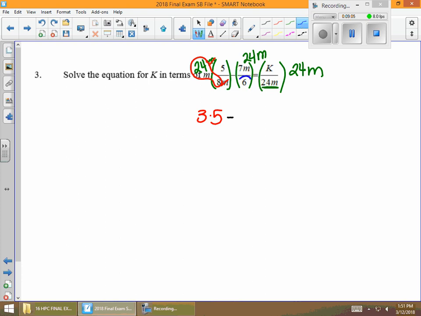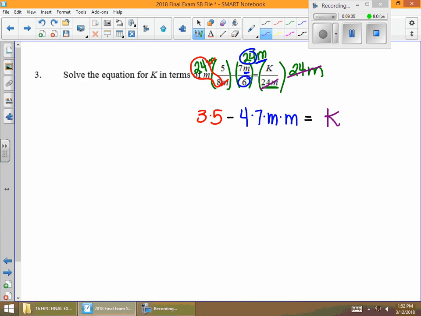I do have 6 and 24. 24 divided by 6 is 4. And then I have 7 and an m. And this m did not cancel either. So we're just working really slowly, canceling what we can, bringing down what we need to bring down. Other side of the equal sign: our 24 m's cancel, and we just have a k.